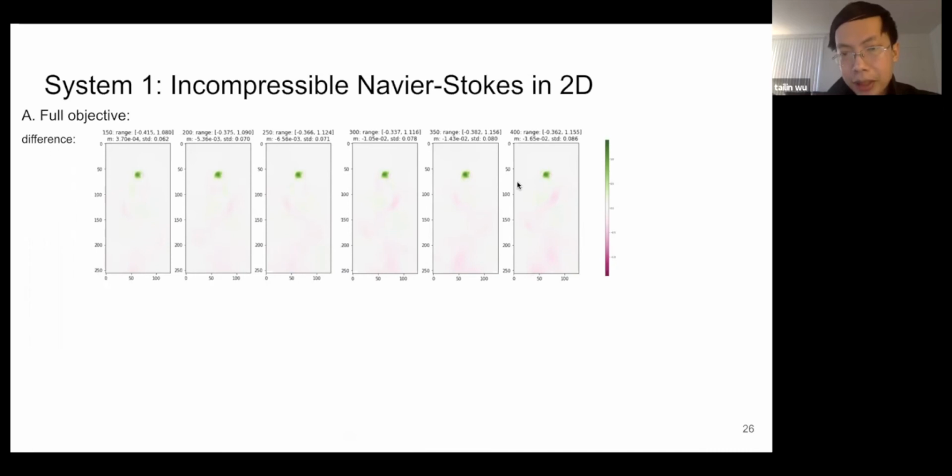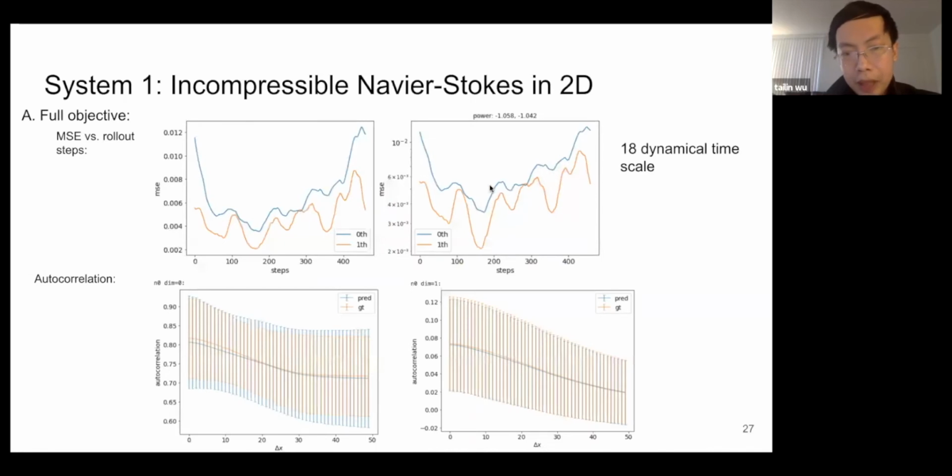But we can see that even after 400 time steps, most of the flow it can represent faithfully. And here is the MSE versus the time steps. We can see that it does not show this exponential growth and mostly remains at around 10 to the minus 2. And it can evolve around 18 different dynamic time scales.